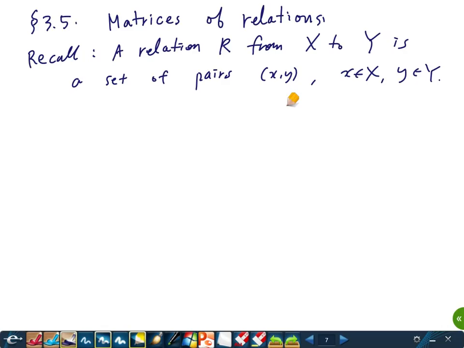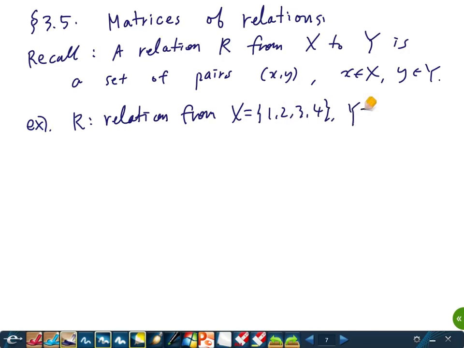All right. So for example, R is a relation from, say, X = {1, 2, 3, 4} to Y = {A, B, C, D}, like this.